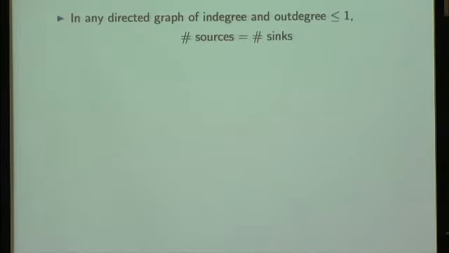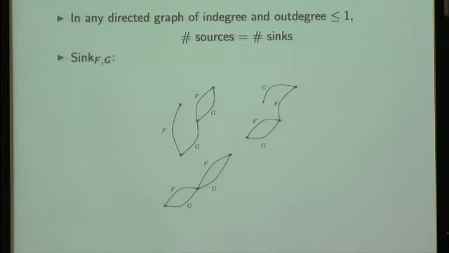PPADS you have seen. It's based on the polynomial parity argument for directed graphs. The relation that we are looking at here is that for any directed graph of in-degree and out-degree less than or equal to 1, the number of sources is equal to the number of sinks. So how do you talk about this principle?